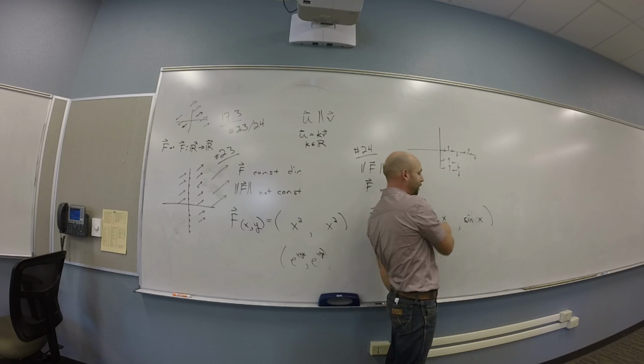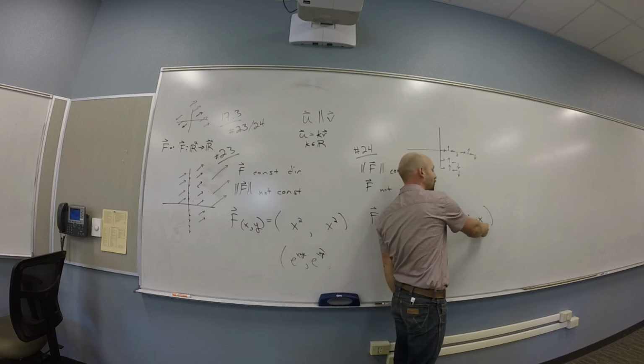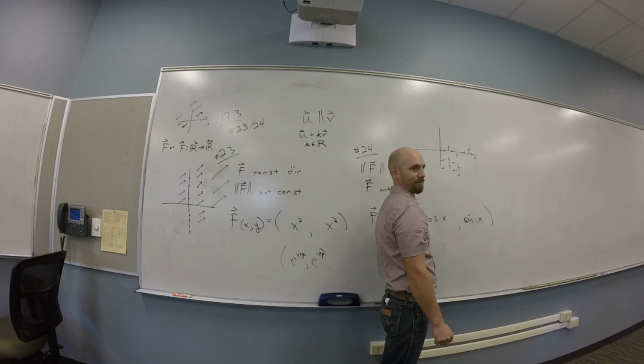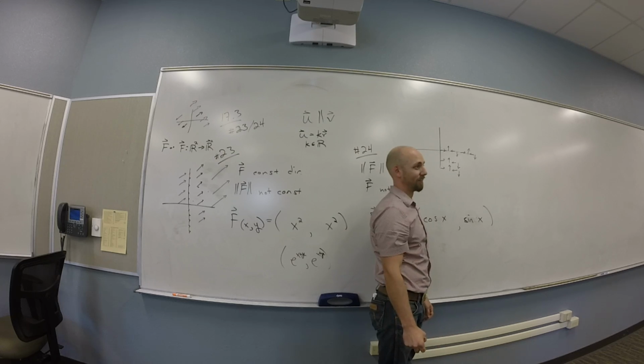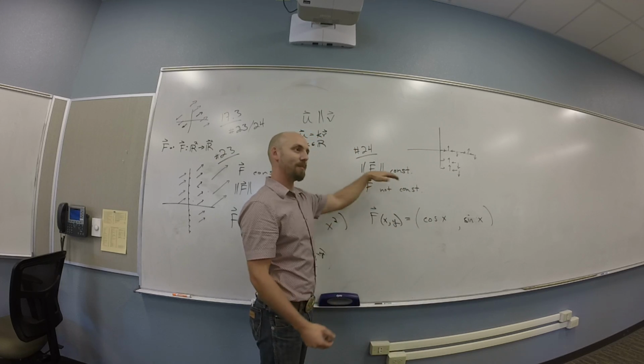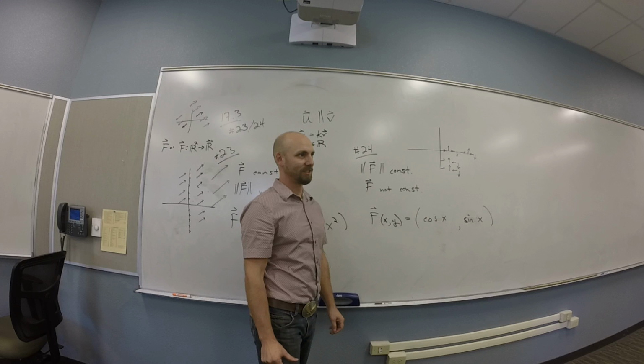In here, it could be any function of x and y as long as this one was the same function of x and y, and as long as you didn't make it undefined anywhere. You guys cool with that? Probably avoid making things undefined. They're asking you for something where the magnitude is constant. I don't know what the magnitude of an undefined vector field is.